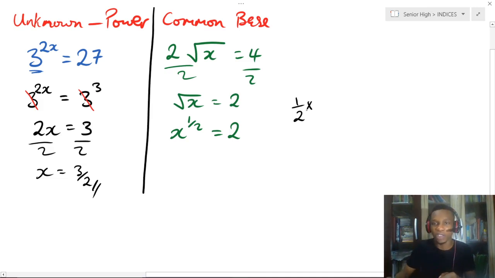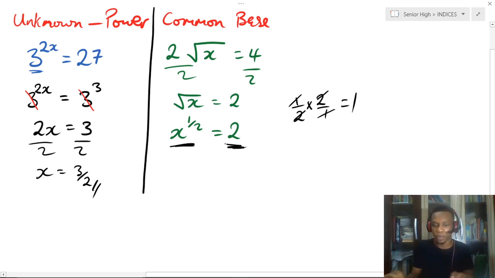So if I say 1 over 2, the reciprocal is what? 2 over 1. Because the 2 cancels out the 2, and the 1 cancels out the 1, and then I have the identity. What's the identity? 1, right? So 1 over 2 multiplied by 2 will give me 1. Therefore, whatever I do on the left hand side, I must also do on the right hand side.